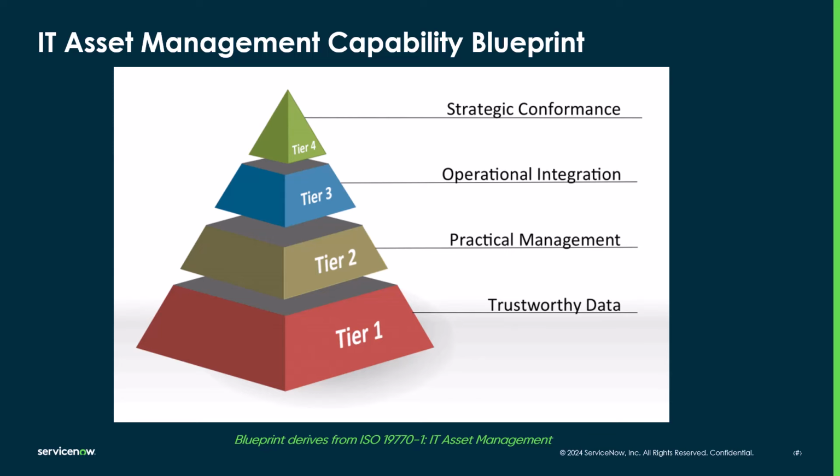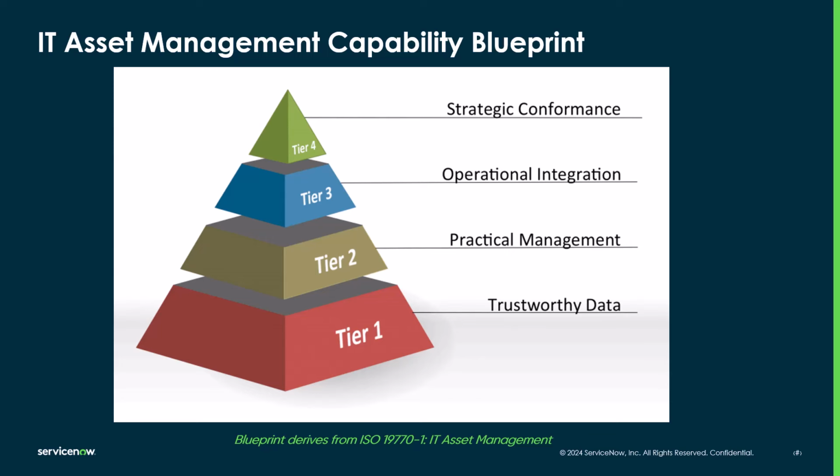One thing that's really important to know about this capability blueprint is you don't have to become best in class at everything if it's not something important to your organization. What you want to focus on is becoming best in class for those aspects of IT asset management that impact and are important to your specific organization. So keep that in mind.